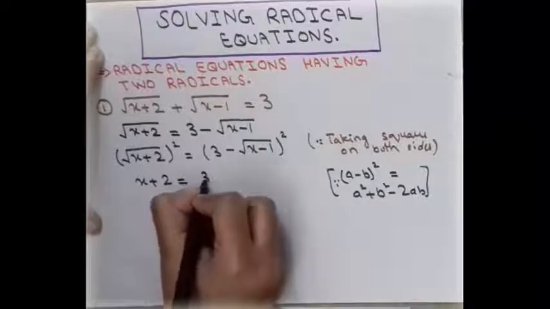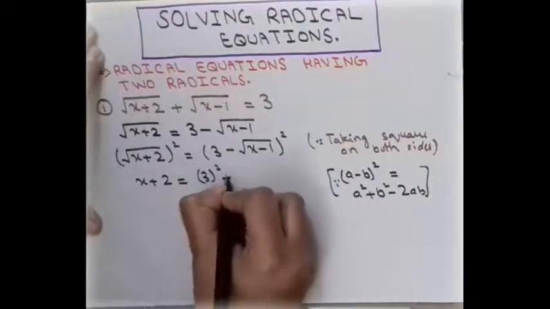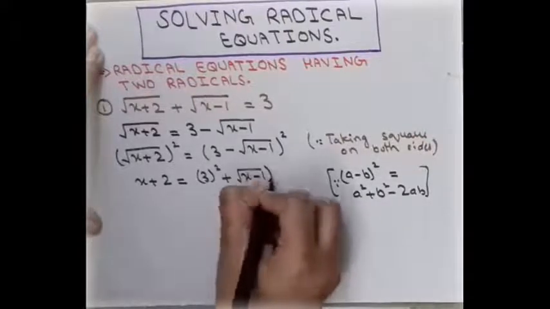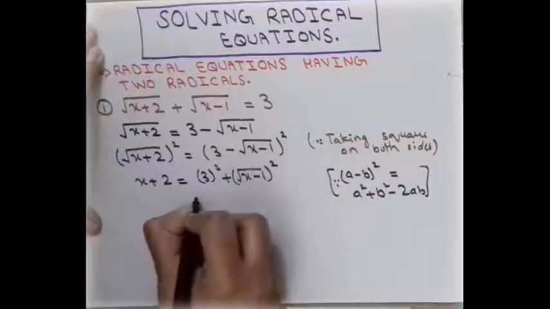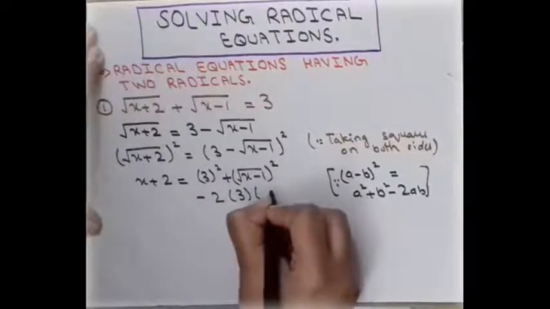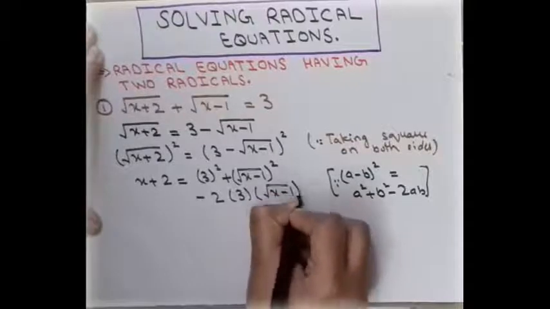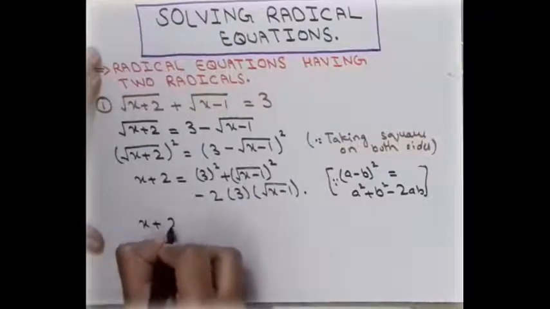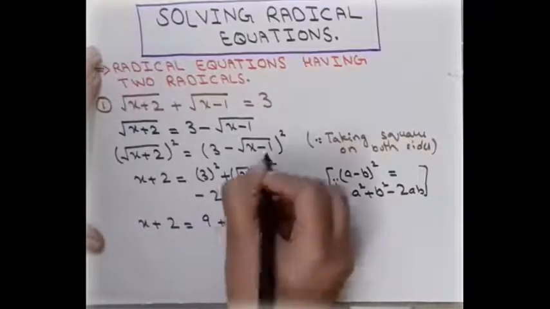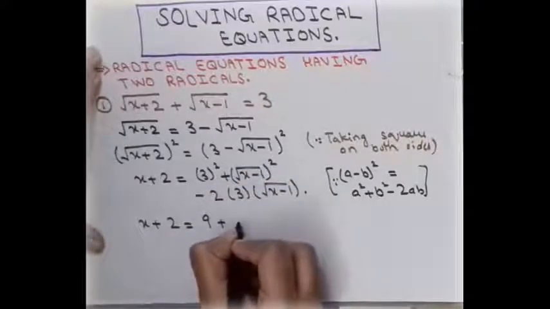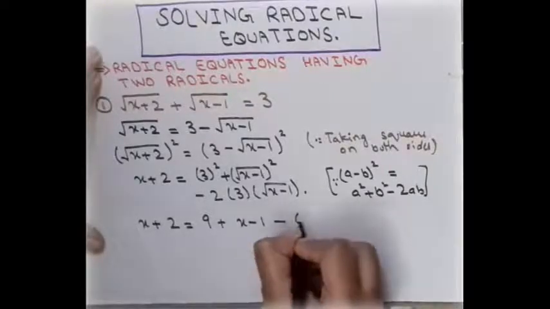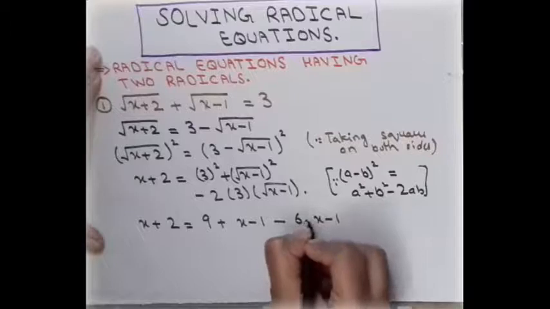Using the formula a + b squared, we get (√(x−1))² + (2√(x−1))... Expanding, (√(x−1) + √(x+2))² equals 3², which is 9, plus... the square is cancelled out with the root sign, so we are left with this term and −6√(x−1).